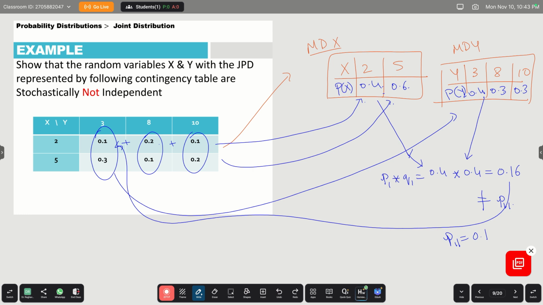So since the first value itself fails, we can stop here and conclude that they are not stochastically independent. That means, to be stochastically independent, for all the values Pij should be equal to Pi multiplied by Qj. Even if it fails for one value, they are not stochastically independent.